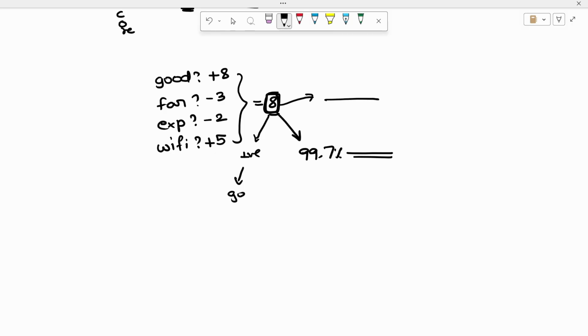Or 8 is high, so definitely yes. How we interpret the value of this 8 is what the activation function does. Different activation functions will give you different interpretations for the same evidence, so it is very crucial to select the proper activation function so that your data is represented properly.